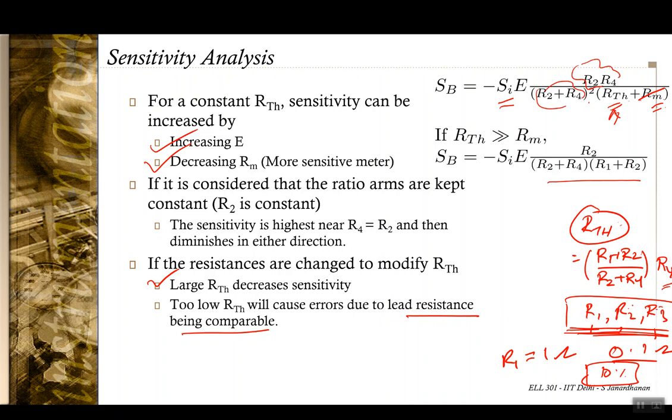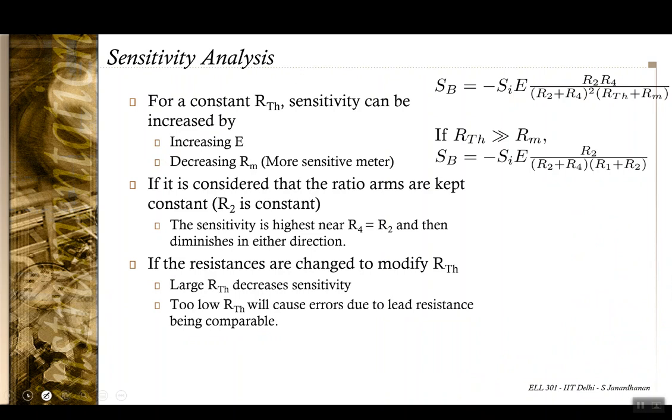If the variation in the resistance due to R4 is, let us say, 5%, and you have an inherent error of at least 10% in the bridge itself, that makes the bridge useless. So when you have too low a value of RTH, this will cause errors due to lead resistance, and that makes the Wheatstone bridge useless in those cases.